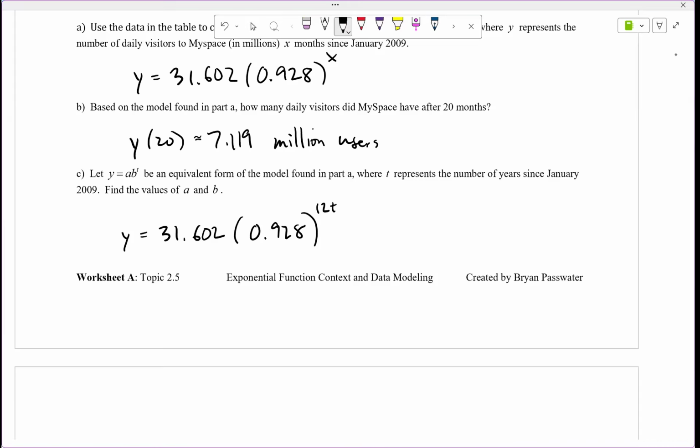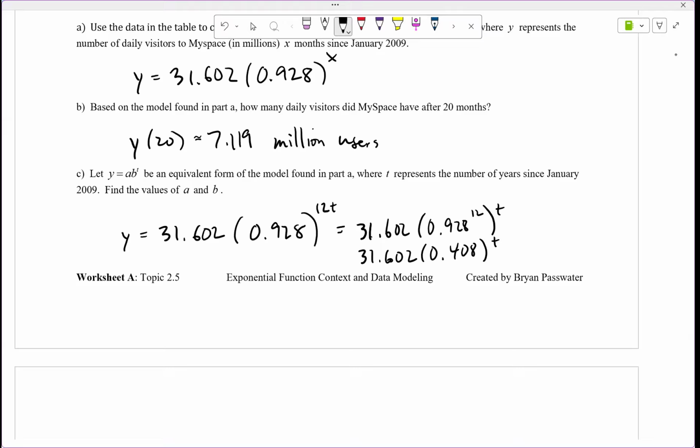So now we can rewrite it: 31.602 times 0.928 to the 12 to the T, and whatever that is, I imagine it's going to be much less than 0.48. 0.408. Do we agree with that?